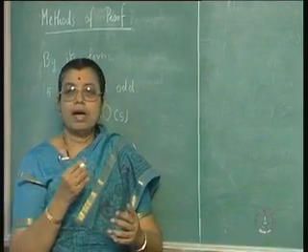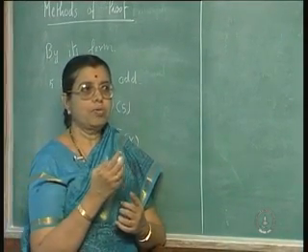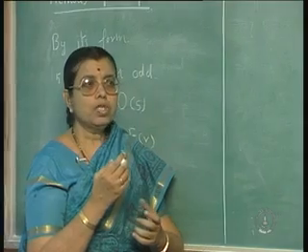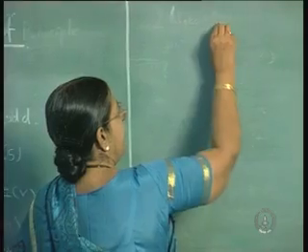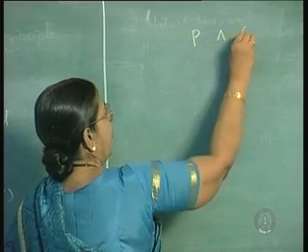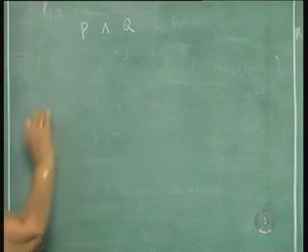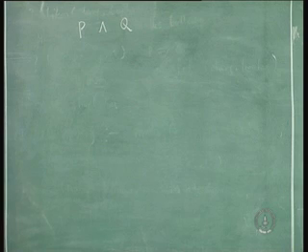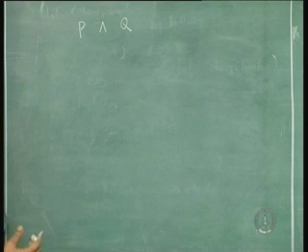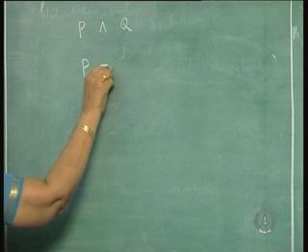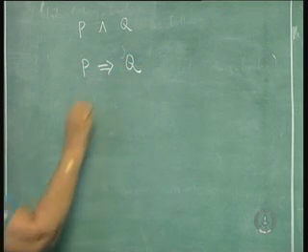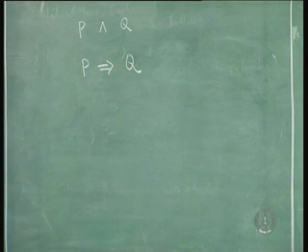We have heard of several types of theorems, proofs, etc. In theorems you may have statements like P and Q and so on. If the statement is of the form P and Q, you have to prove both P and Q. If it is of the form P or Q, if you are able to prove one of them, it will be true. And in general, most theorems will be of the form P implies Q, if then.